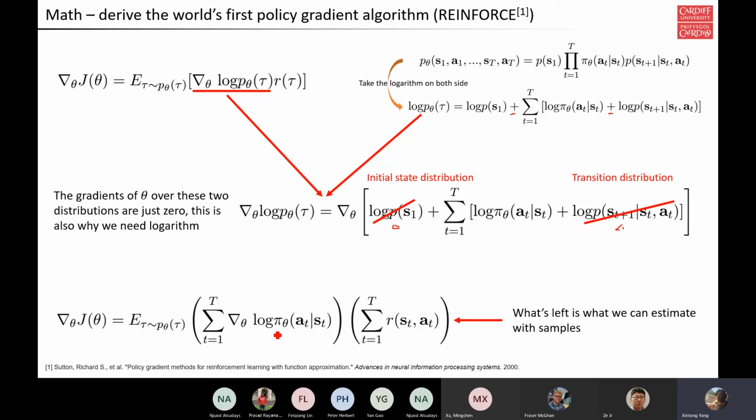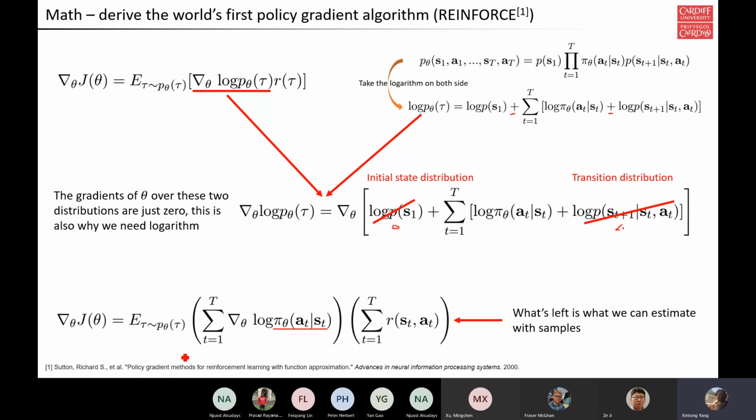And this is great because this is what we actually have. Because in most reinforcement learning problems, we don't assume that we know the transition distribution. For example, for a robotic manipulation task, it's impossible to get the exact distribution of the transition probability. Okay, so what's left is what we can estimate with samples.